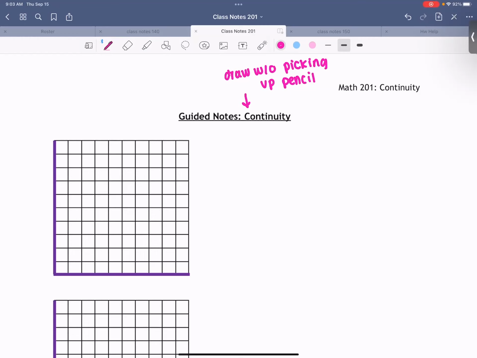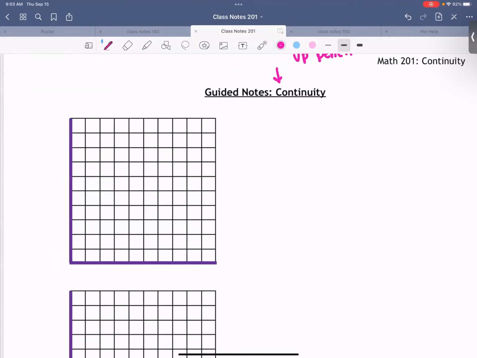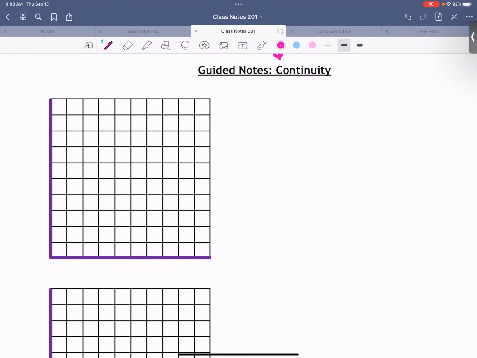Okay, so I have a couple graphs here. The first one I'm going to draw, like Sam said, maybe a break, right? So let's draw something that's discontinuous at the point a. So when x is a, we're going to have a discontinuity, okay? So let's say I have this function and it's going over here and we're going to have a hole.